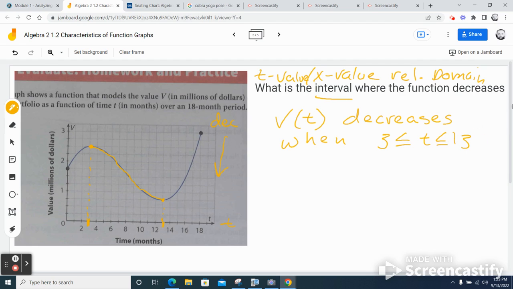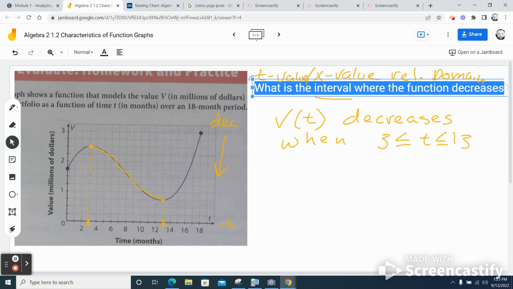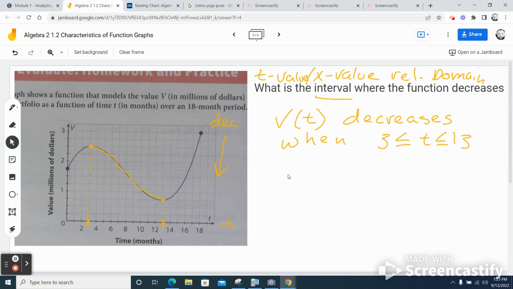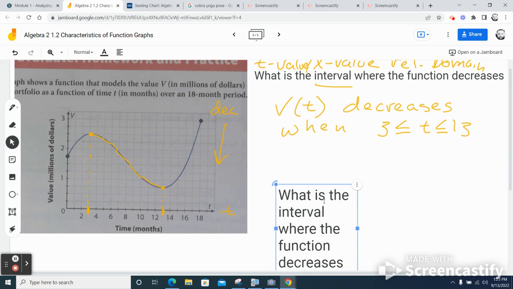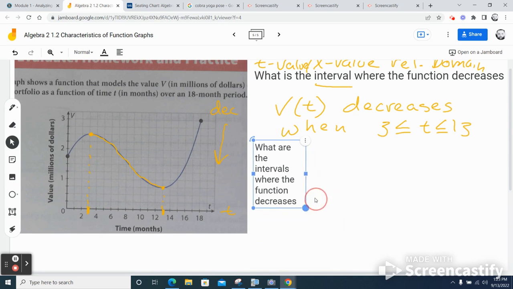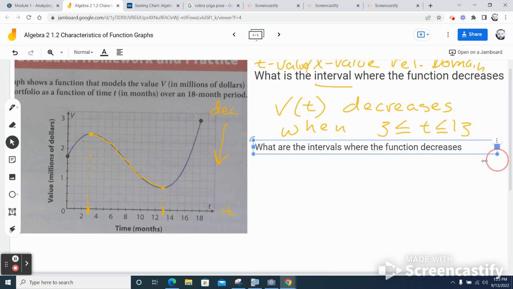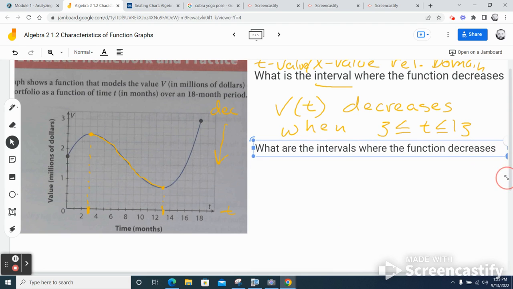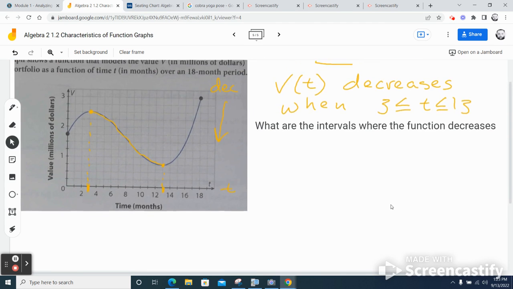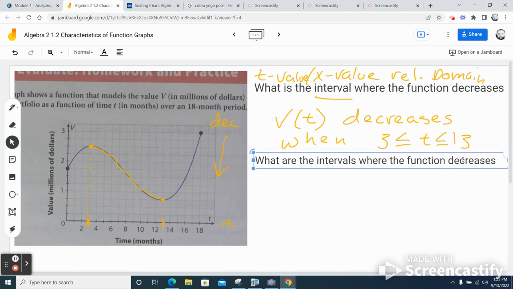Now, the next question they asked us: what are the intervals where the function, oh, I forgot to change that.